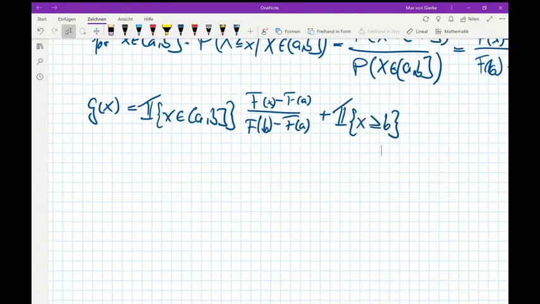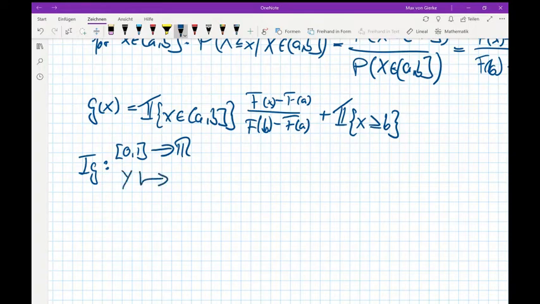Quick reminder: the pseudo inverse, let's call it I of g, is some function from (0, 1) mapping to R, where it maps y to the infimum of x where g of x is bigger or equal than y. This is the pseudo inverse.